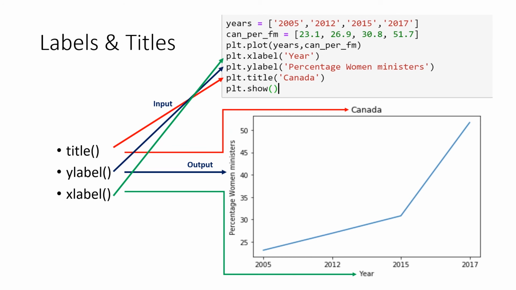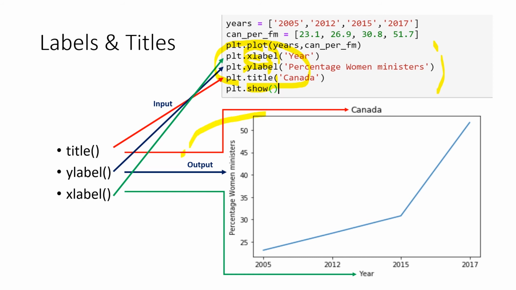So how can we add the title and labels to our diagram? It's quite easy. First you do the normal steps, and then after the plt.plot, so before you actually show the graph, you have to define them. And you always do that by first calling plt to access Matplotlib, and then you call for the X label, then the Y label, and then the title, and you always include those things in normal brackets, and you use quotes.